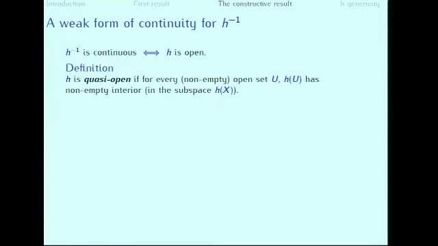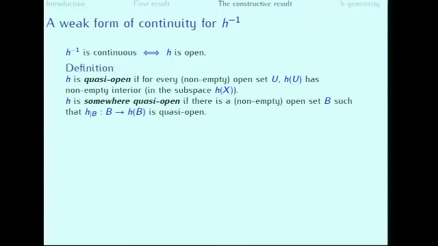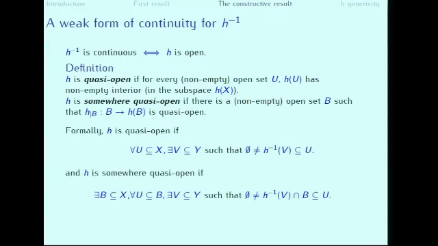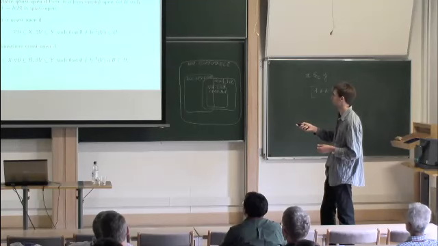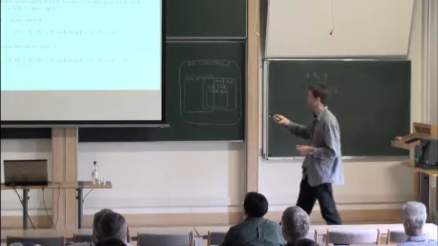So it contains a non-empty open set. So this is just a weakening. And a further weakening is h is somewhere quasi-open if when you restrict h to some ball, it becomes quasi-open. So maybe it looks a bit mystical, but I just show how you can define it formally, but it's not very important. We will see in examples what it gives.